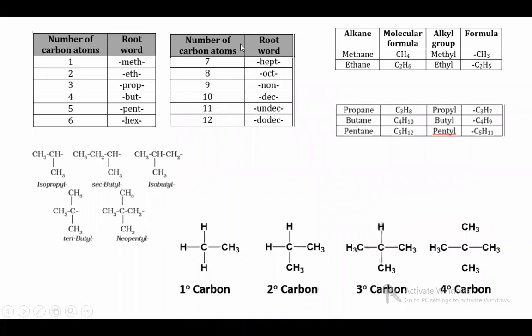These are the root words, for carbon number 1, 2, 3, etc.: meth, eth, prop, but, pent, etc. The root word is fixed. In the case of secondary prefixes, we have groups like methane, ethane, propane, butane, which are deficient by one hydrogen, CH4 less 1, CH3.